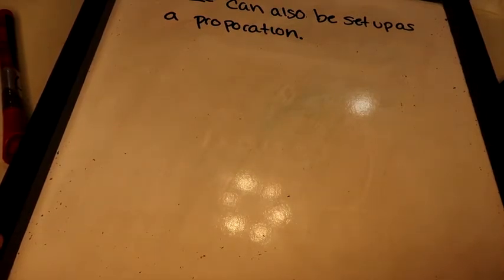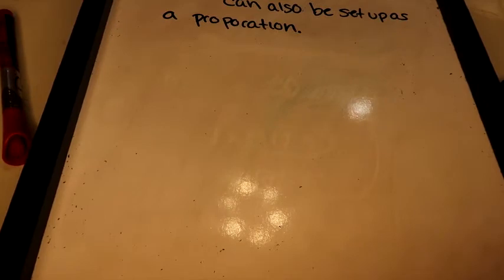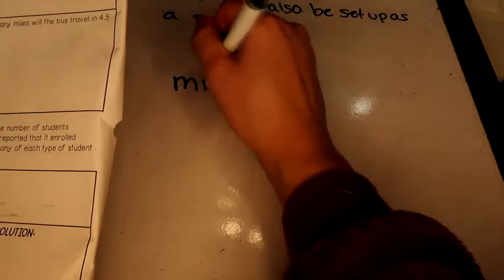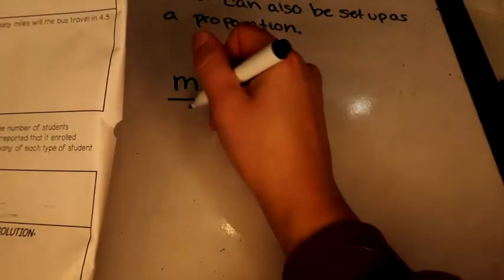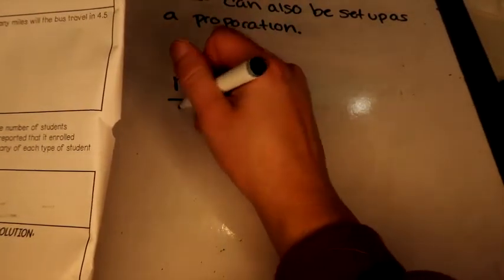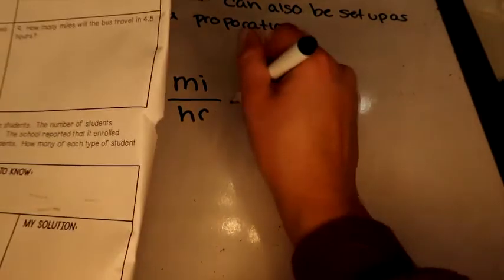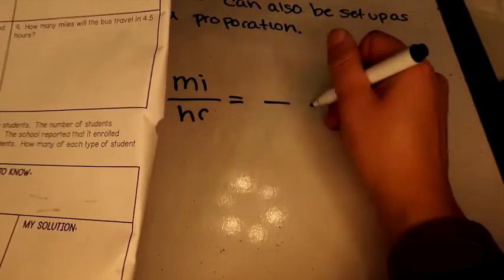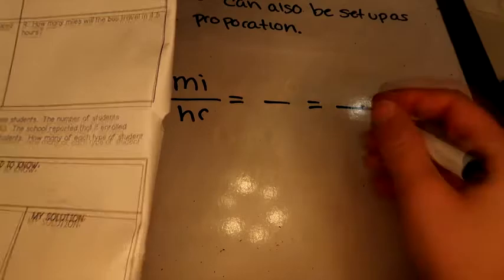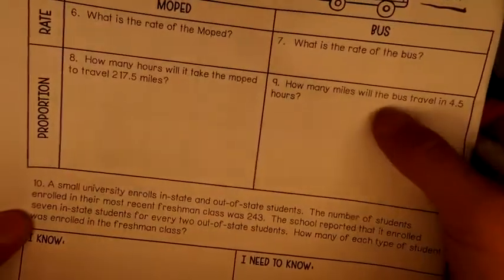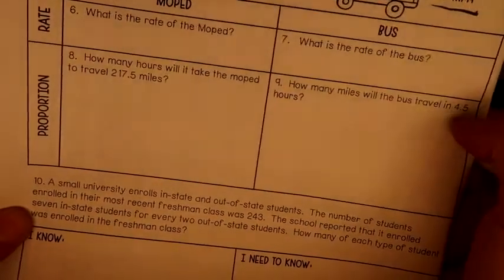All right. So our next one, now we're going to do the same thing, miles and hours. Set up our proportions. How many miles will the bus travel in 4.5 hours?